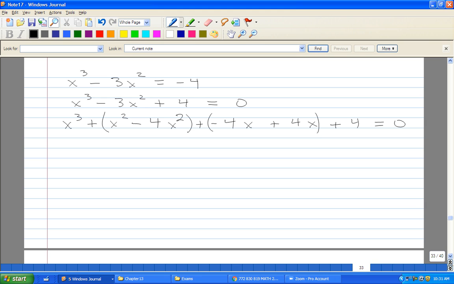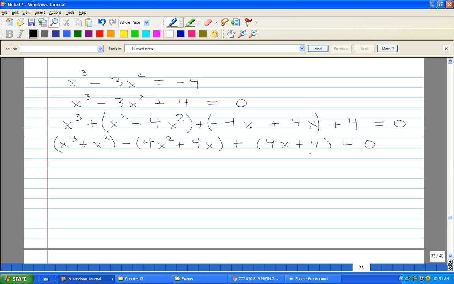So I'm adding and subtracting these strange things so that I can factor by grouping at the end. So this is x cubed plus x squared minus 4x squared plus 4x. These both had minus signs, so I can factor out the minus. Plus 4x plus 4.